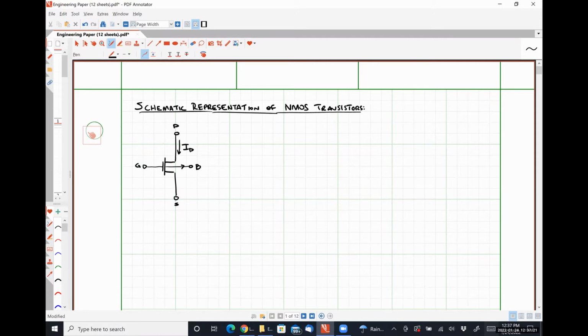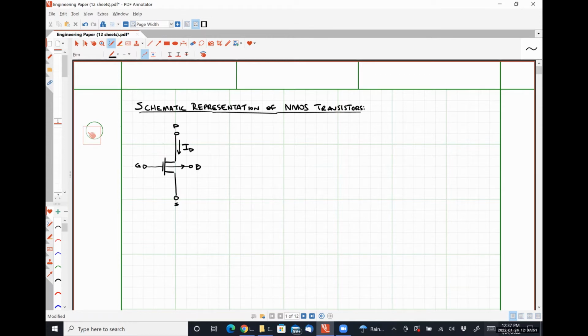Okay. So this is the classical schematic representation. One thing that I want to point out here, it looks kind of similar to a BJT, but there is a little space between the gate terminal and the bulk. What that's trying to represent is effectively the gate capacitance of the device. We should observe that there will never be a current IG flowing into or out of the gate terminal for a DC biasing situation.